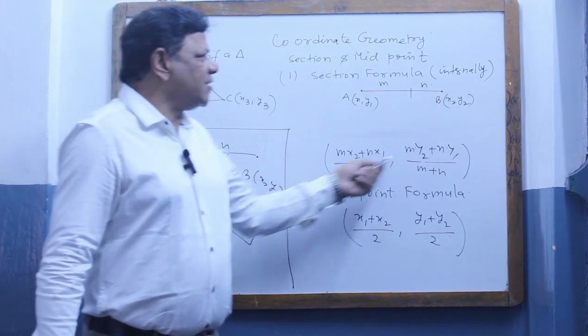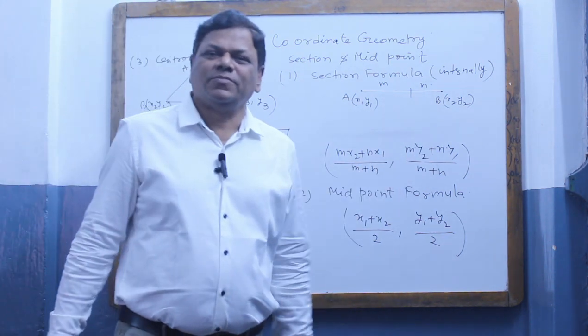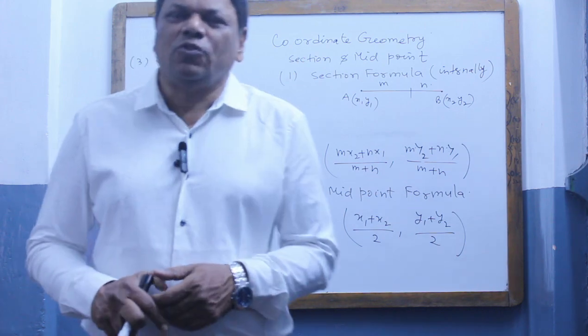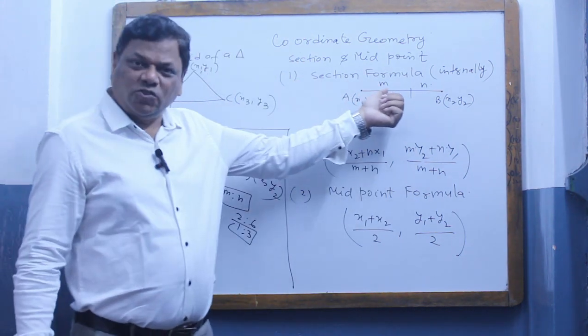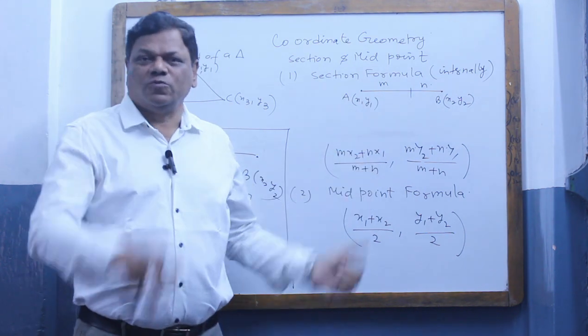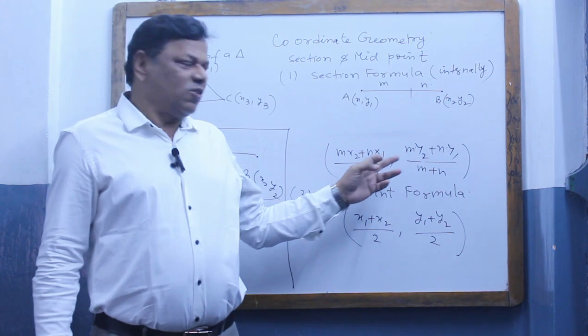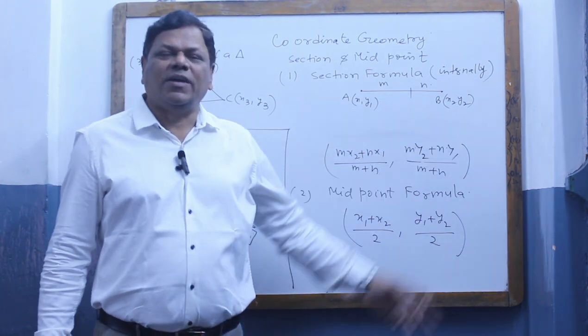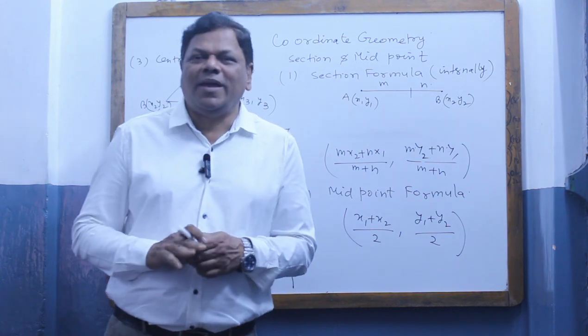So this is the section formula. This formula you have to remember. Again I am saying, what is the formula? m is the first ratio: m x2 plus n x1 by m plus n, comma, m y2 plus n y1 by m plus n. Is the formula clear? Now, what is the third formula?